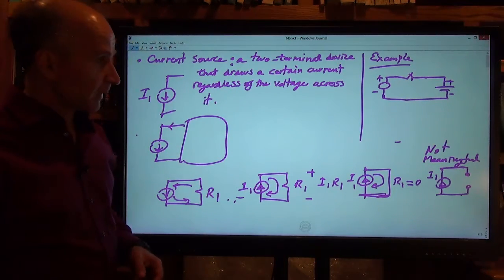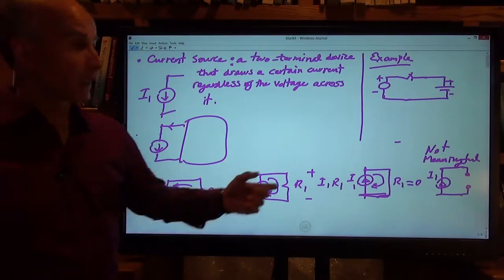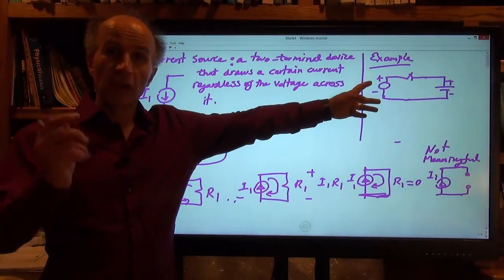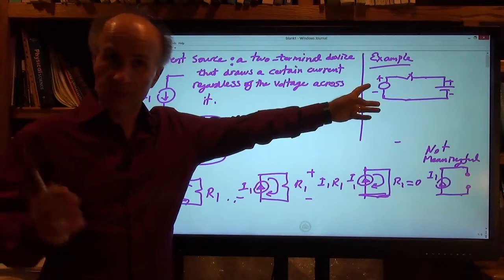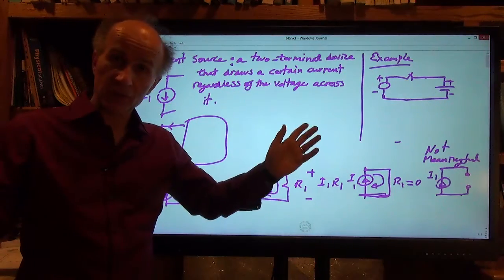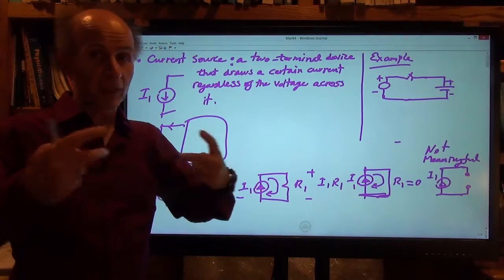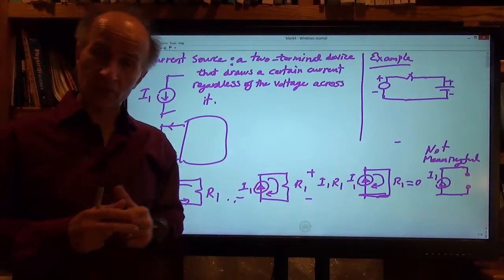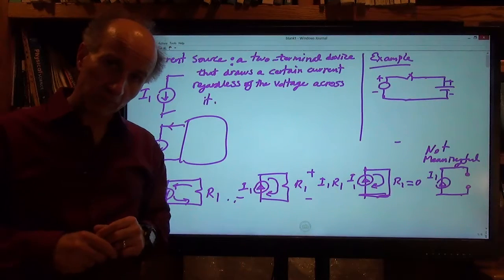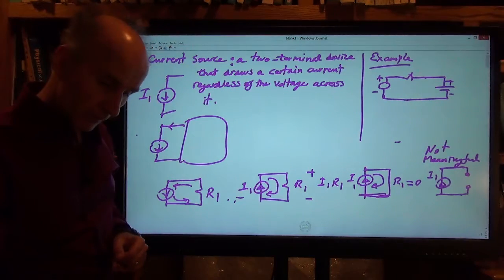Because, in a sense, we have two voltage sources fighting each other. This voltage source says you need to have a voltage of 3 volts. That battery says, no, I'm discharged. I have a voltage of 0.5 volts. So in that fight, that battery gets damaged. So in practice, we don't do this.